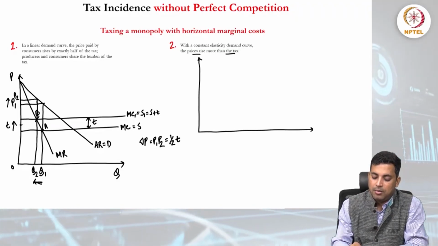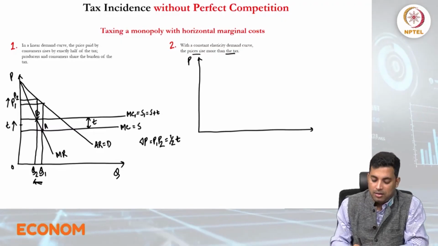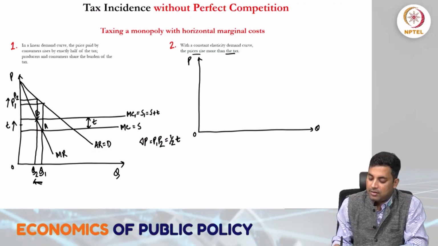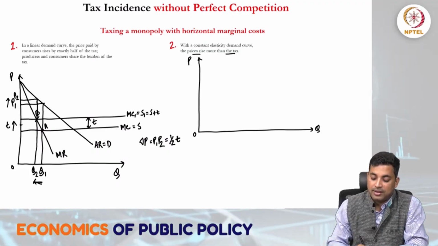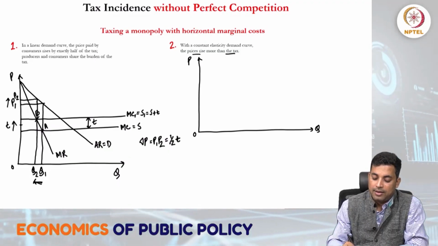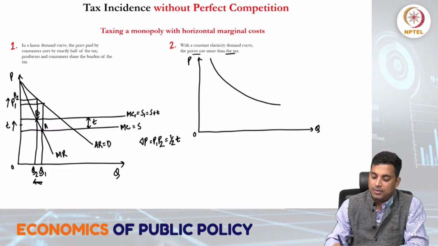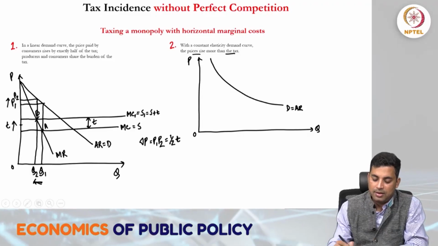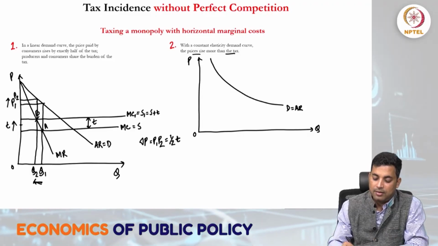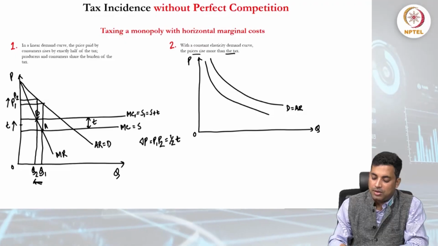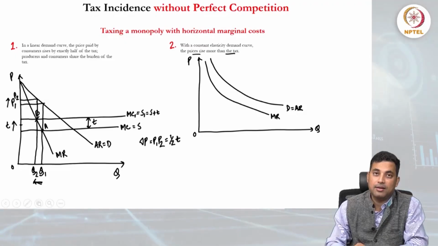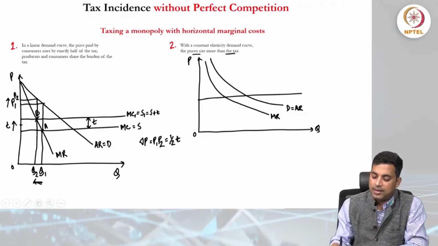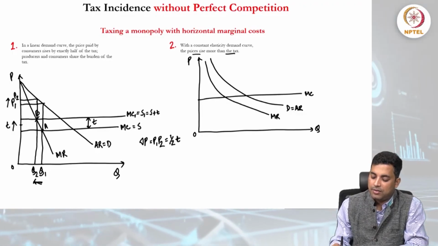We measure price P on the vertical axis and Q on the horizontal axis, and assume a demand curve, which is also the AR curve, and a marginal revenue curve, which is again downward sloping.